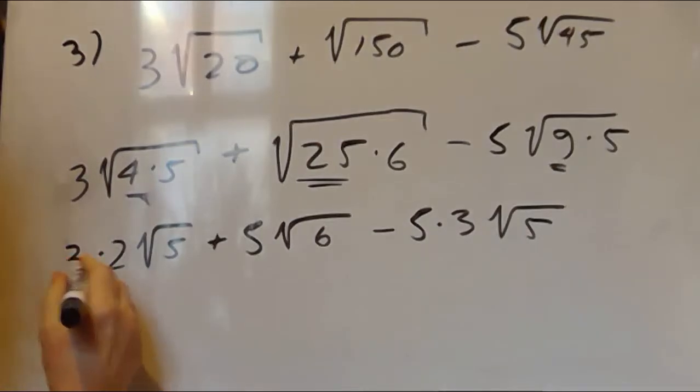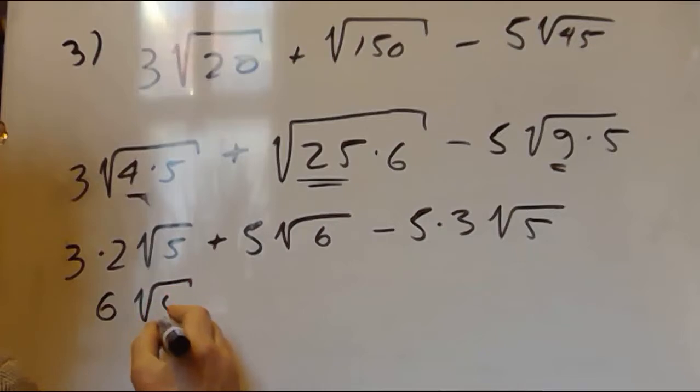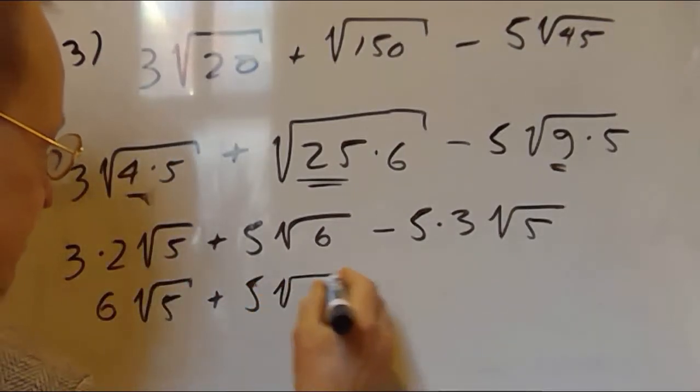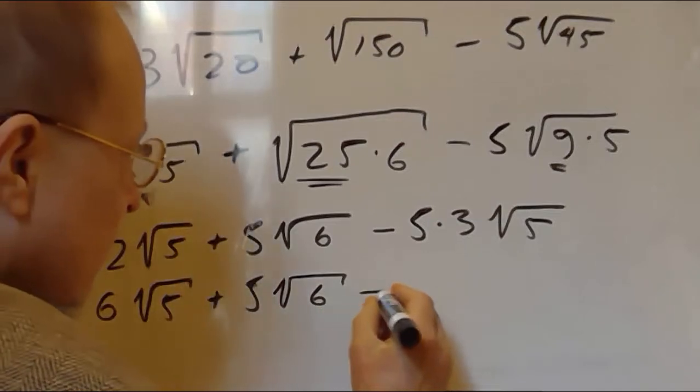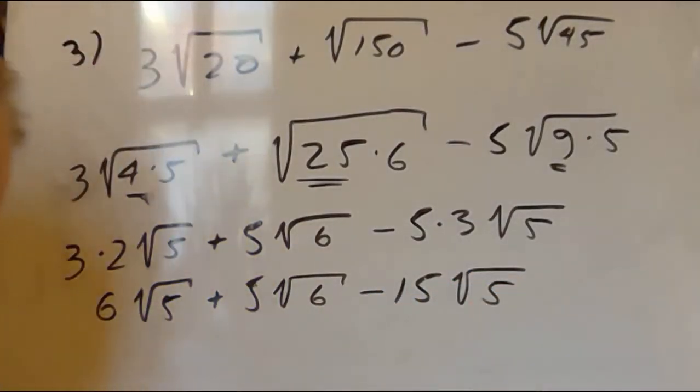So now I have 6 square root of 5 plus 5 square root of 6 minus 15 square root of 5.